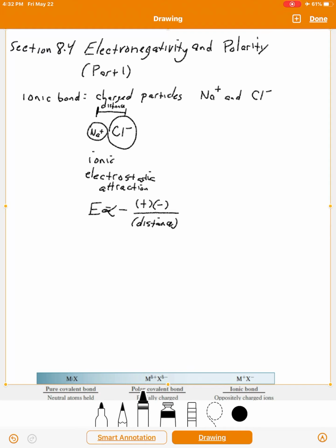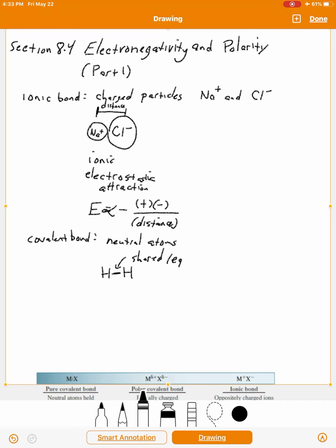Now, we also have covalent bonds. So these are neutral atoms or particles. For example, we might have a hydrogen atom bonded to another hydrogen atom. And those two electrons are shared, but they're shared equally.